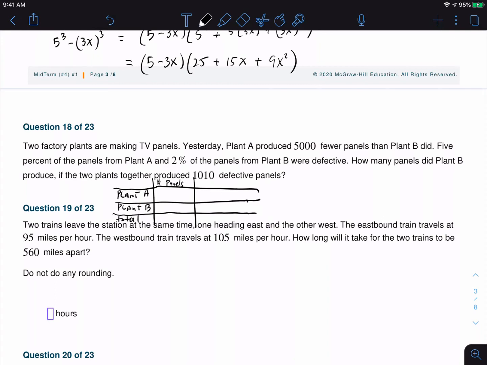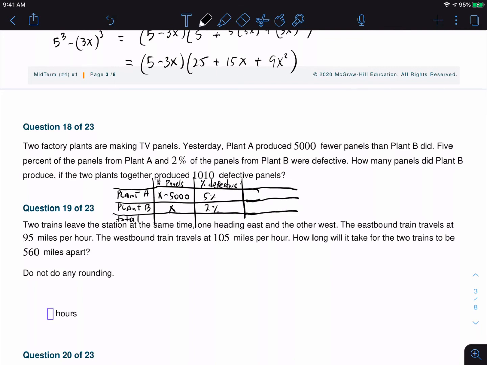So I'm going to call plant B x, and I'm going to call plant A x minus 5,000 because they made 5,000 fewer TVs. And then this next box is going to be the percent of defective. So the percent of defective is 5% for plant A and 2% for plant B. We okay?